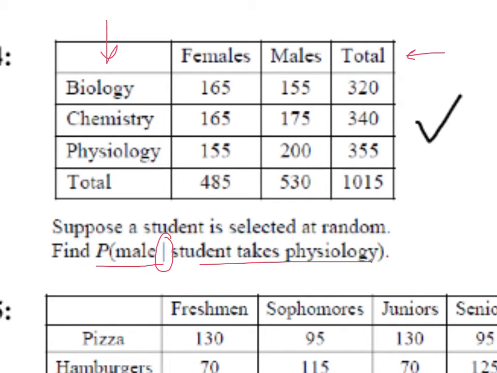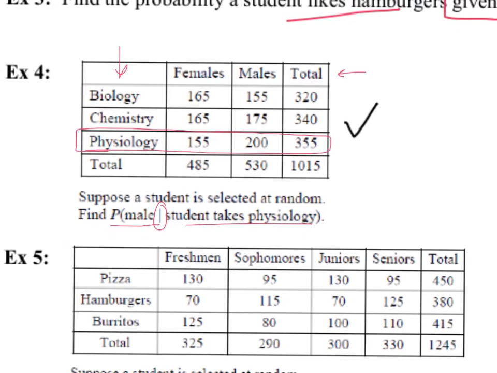Now, physiology must be true. So we have to say, I'm going to focus on physiology, so it narrows my scope, and I look at only those numbers, and from those numbers I say, what's the probability that that student is a male? So again, it sets the stage, it sets your plate to be very focused.